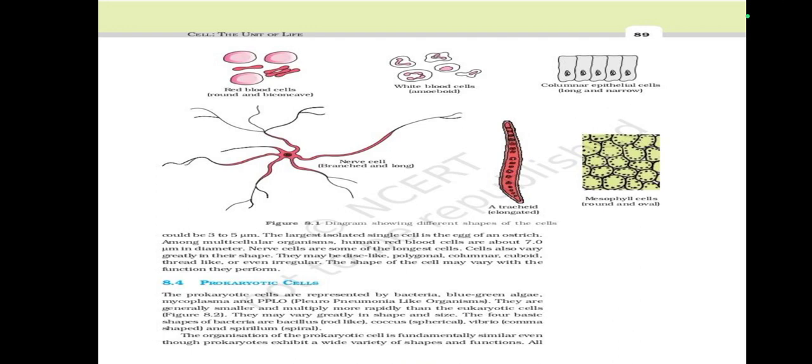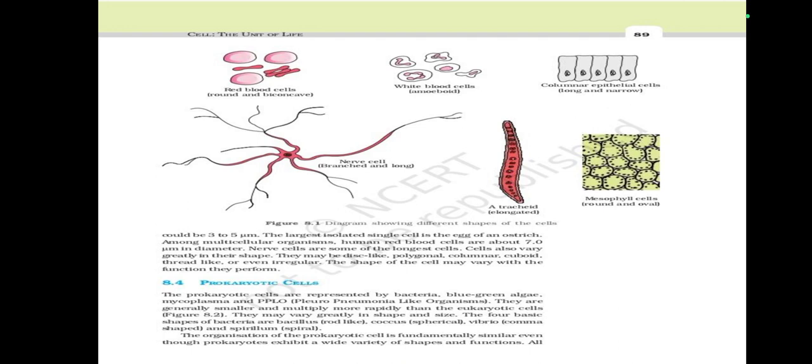Prokaryotic cells. The prokaryotic cells are represented by bacteria, blue-green algae, mycoplasma, and PPLO, pleuropneumonia-like organisms. And they are generally smaller and multiply more rapidly than the eukaryotic cells. Figure 8.2. And they may vary greatly in shape and size.